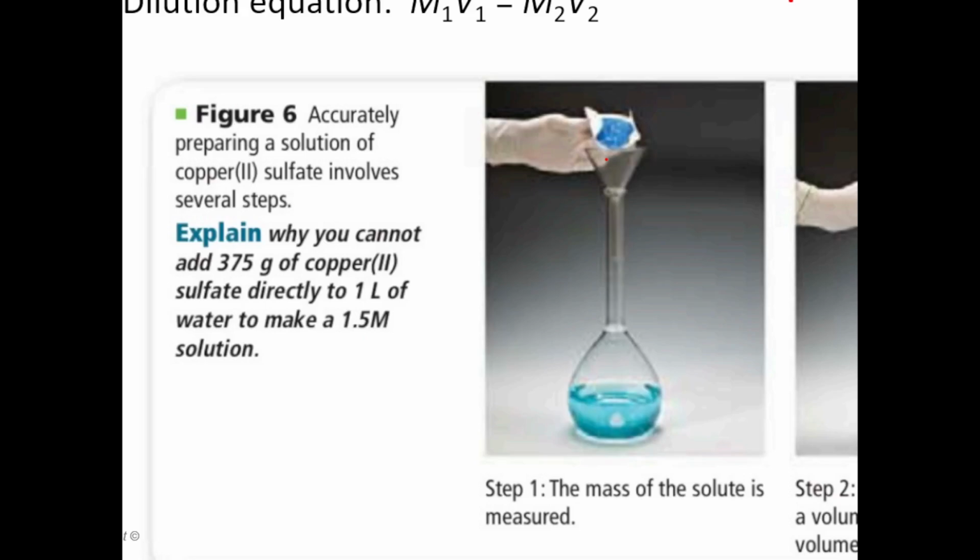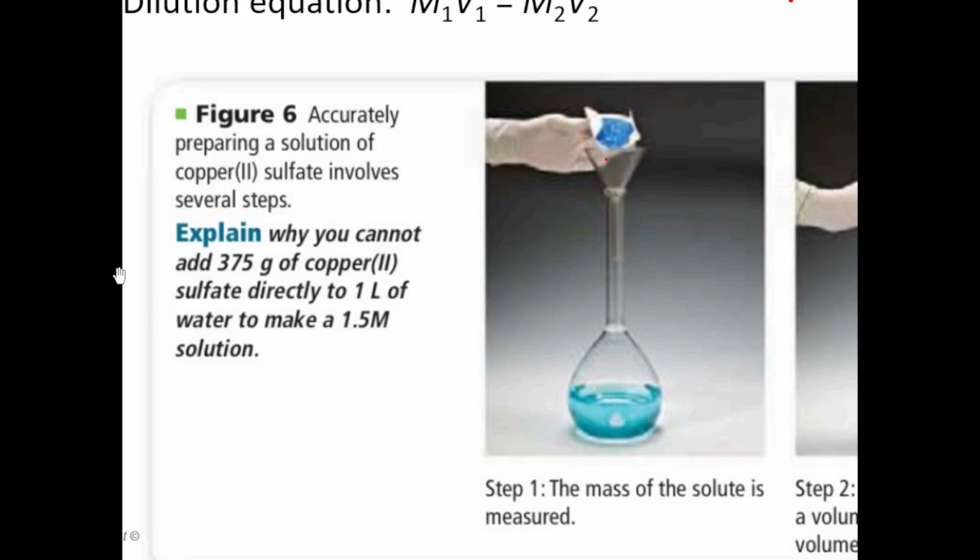I have 1 liter of water plus whatever volume that dissolved salt is going to occupy, which is going to be something. It's going to take up space somehow in that solution. I don't know how much it's going to take up, so I can't easily figure that out.